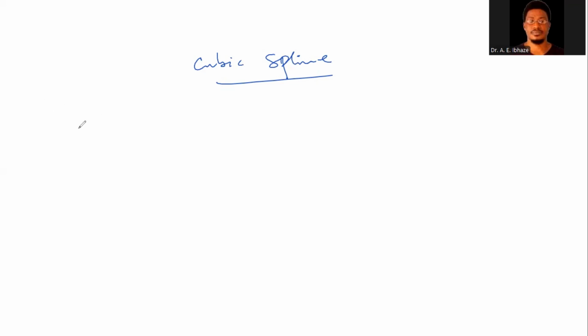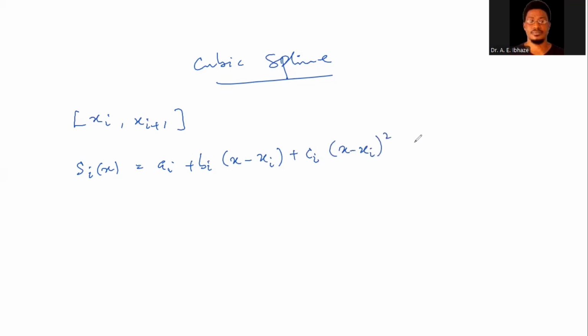And if we consider the intervals x sub i and x sub i plus 1, then the cubic spline may be formulated as S sub i of x being the same as a sub i plus b sub i, x minus x sub i plus c sub i, x minus x sub i squared, plus d sub i, x minus x sub i cubed.